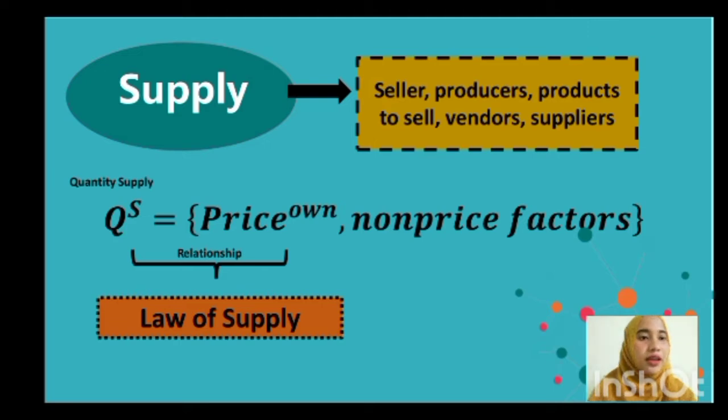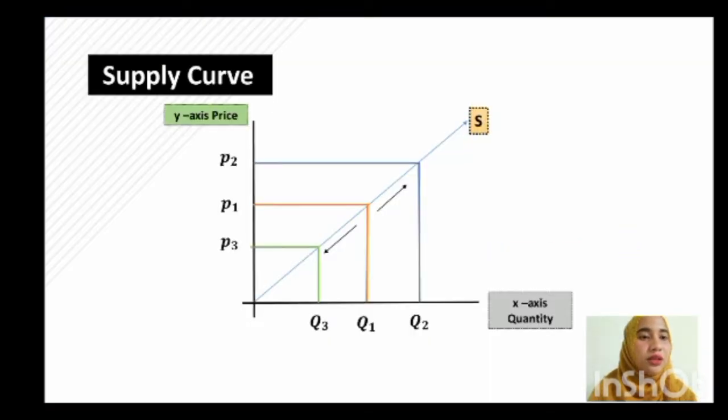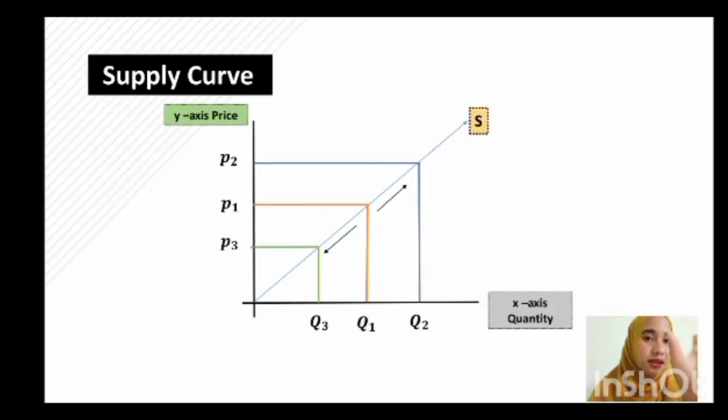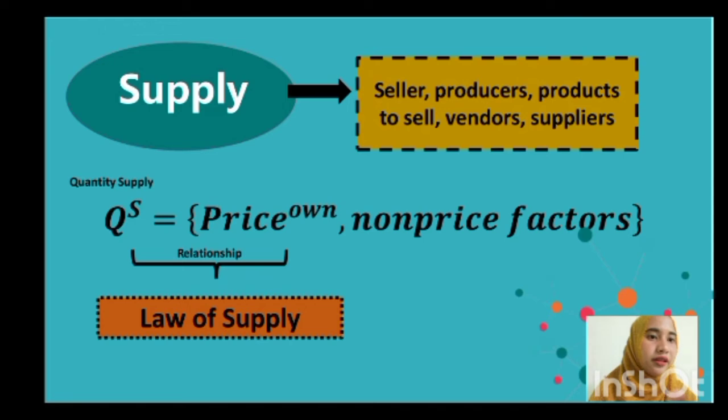That will result in a shift in supply. In this curve, the supply curve will become lower or straight if the non-price factors will change.